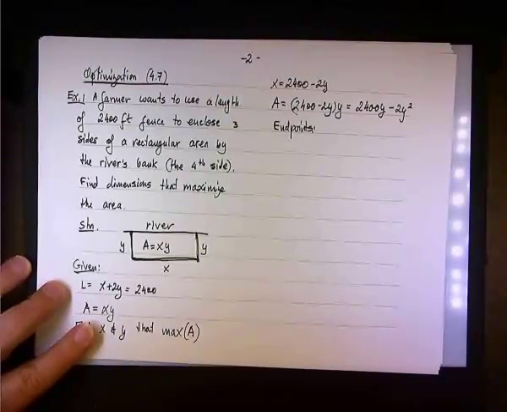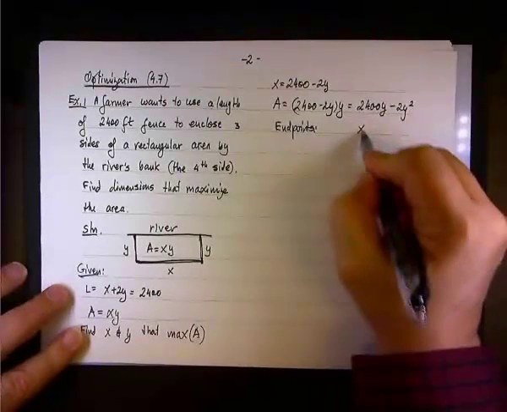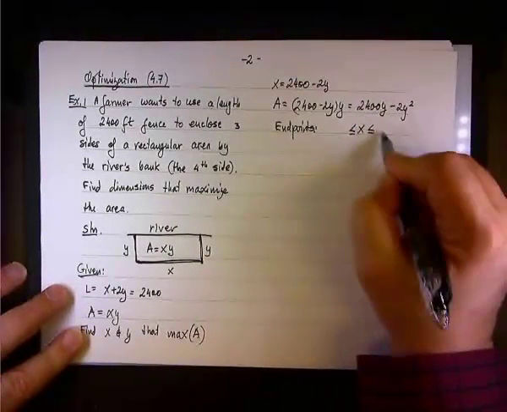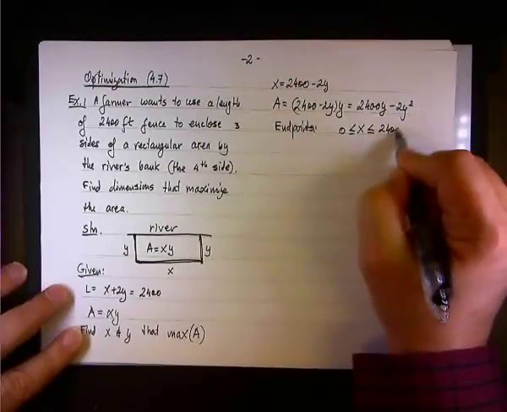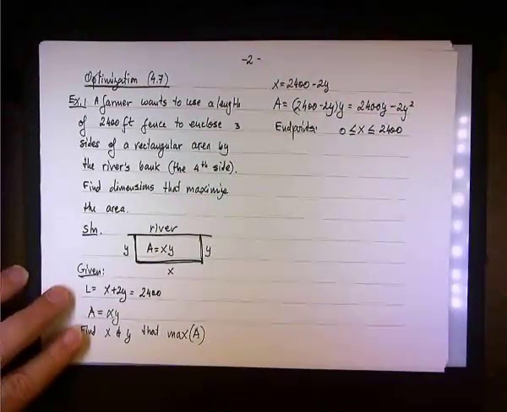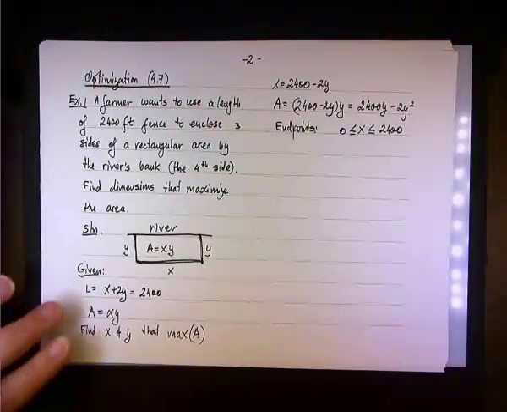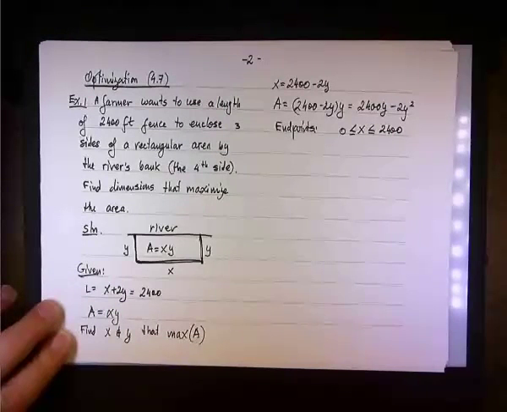So x can be a value that goes between 0 and 2,400. Of course, when x equals 0 or when x equals 2,400, the area will be 0. So the endpoints actually provide an absolute minimum, not an absolute maximum.